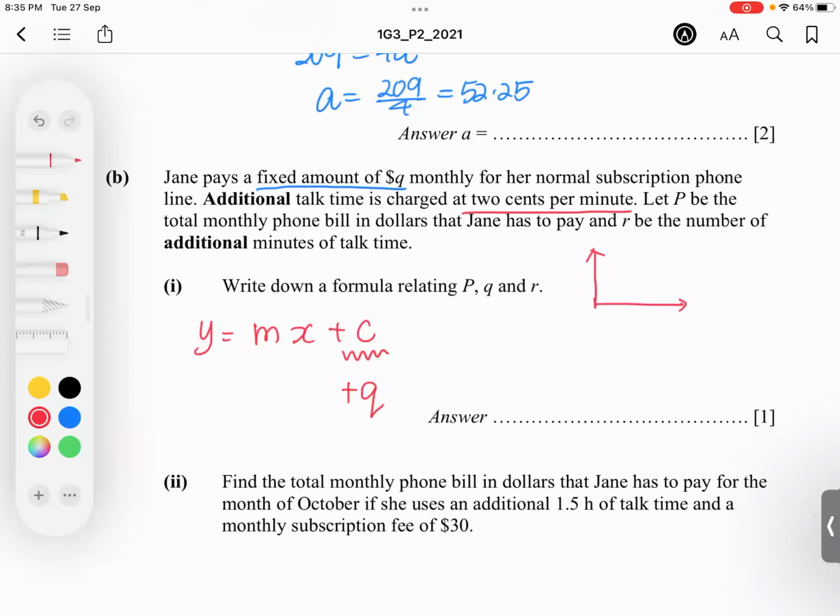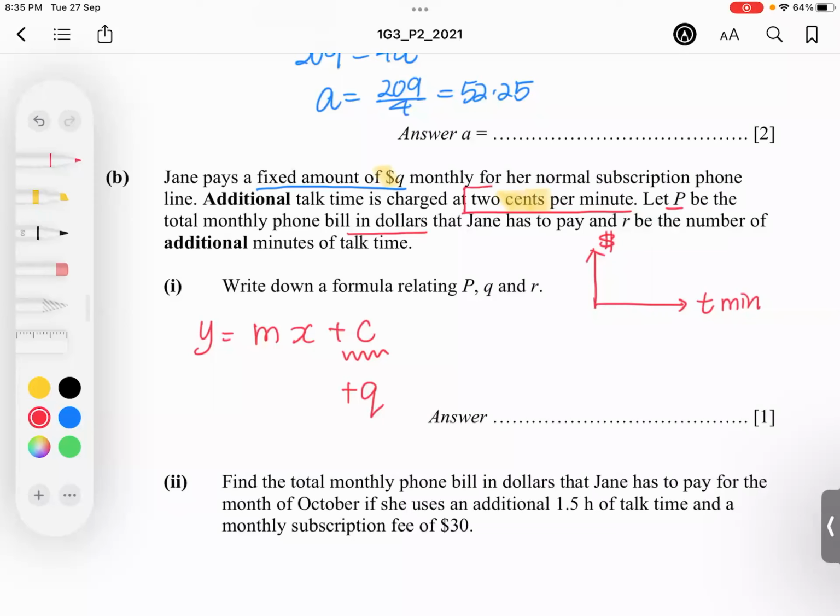The idea comes from your graph. We need to understand the gradient. T is going to be in minutes. This one is going to be your money. Wait a moment, is it going to be dollars or is it going to be cents? We must follow the question. The question says, let P be the monthly bill in dollars. That means they want everything in dollars.